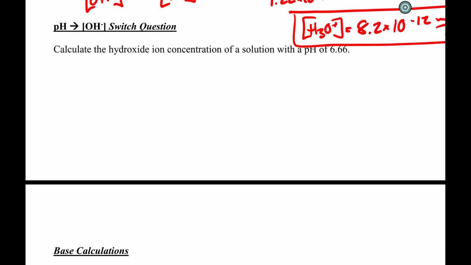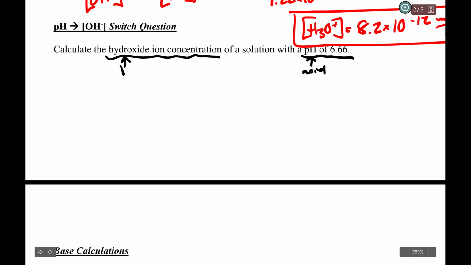So this one says, calculate the hydroxide ion concentration of a solution with pH. Well, pH is acid and hydroxide is base. That means I'm for sure going to have to use a switch equation, but probably another one. So the way I see it, the easiest to solve is to start with this one. pH plus pOH is equal to 14.